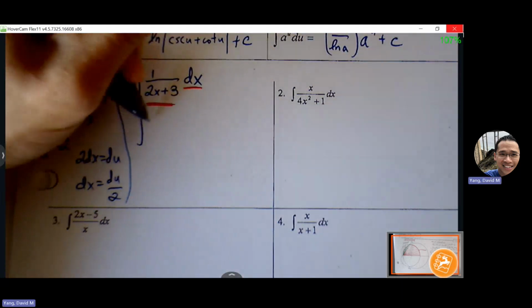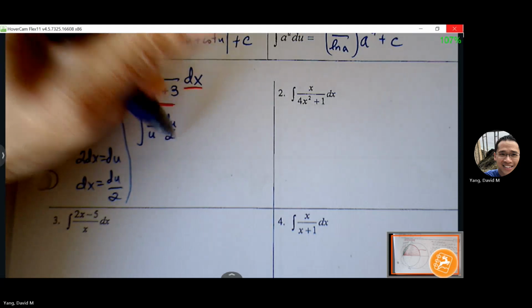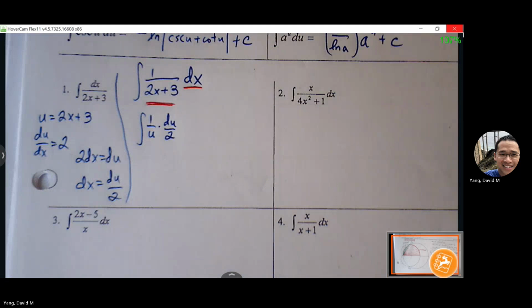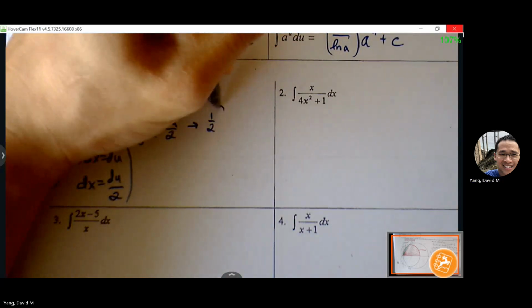Okay, make our substitution. Push out what in front? Out the 1/2, and then we're left with a rule that we recognize.